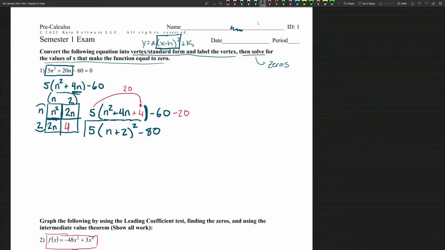So this is our equation in vertex form. Standard form, same thing. That means our vertex is negative 2, negative 80. So it's always the opposite of what's inside and then exactly what's on the outside.